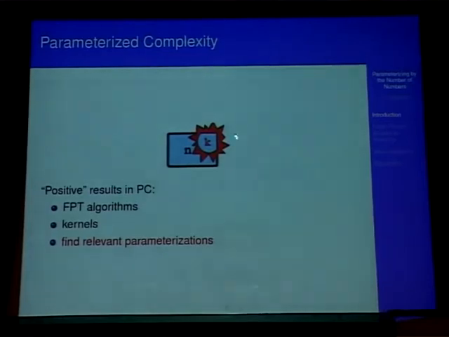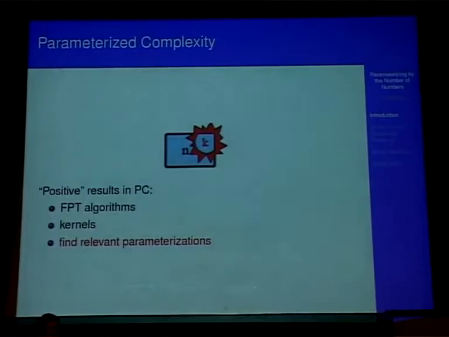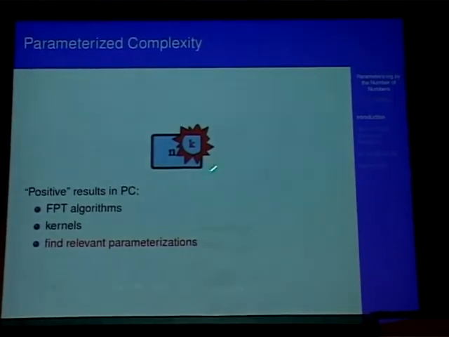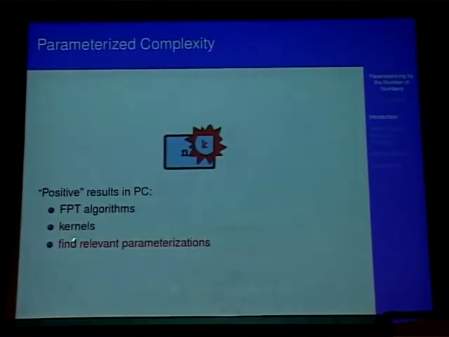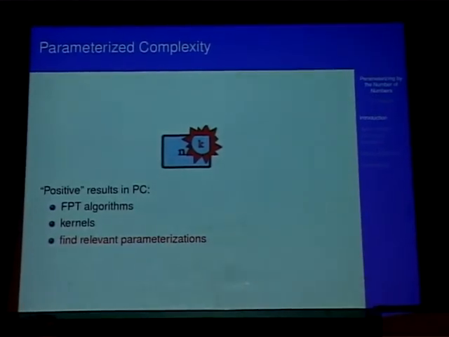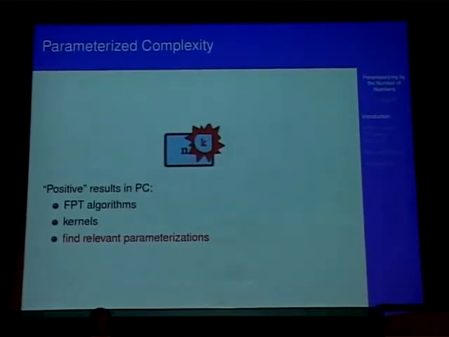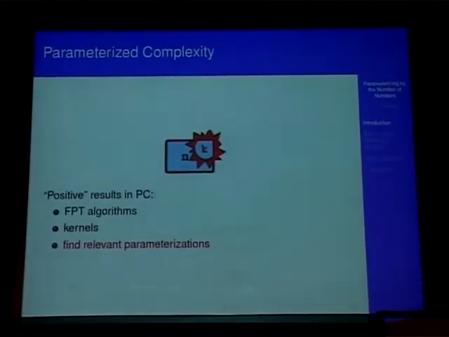Kernels just want to restrict the whole size of this picture. So we have to define this K, so we want to find relevant parameterizations. For many interesting problem instances, this parameter is small, and we can exploit it and get efficient algorithms.